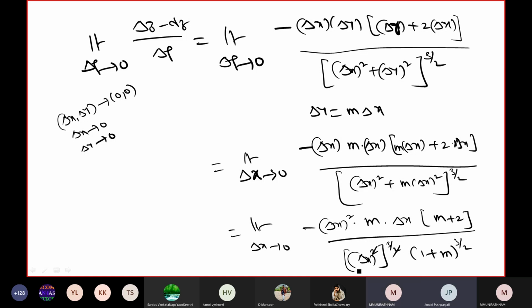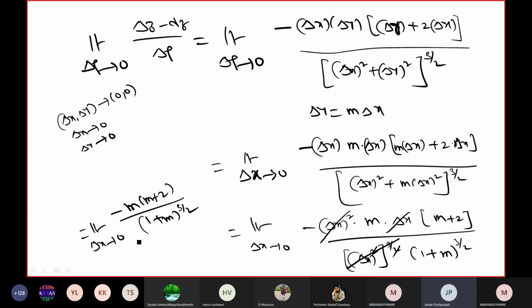So this is nothing but delta x whole cube gets cancelled. Okay na? So limit delta x tends to 0 of minus m into m plus 2 by 1 plus m whole power 3 by 2, which is independent of delta x. So therefore, which is not unique.